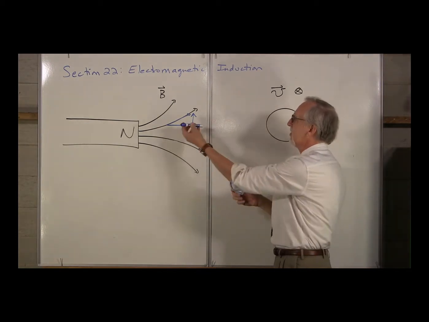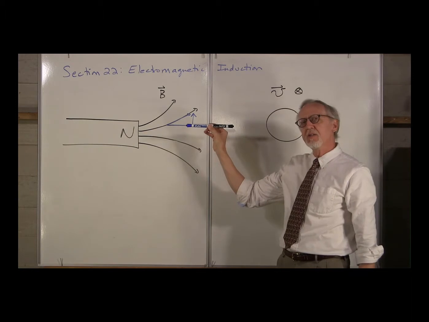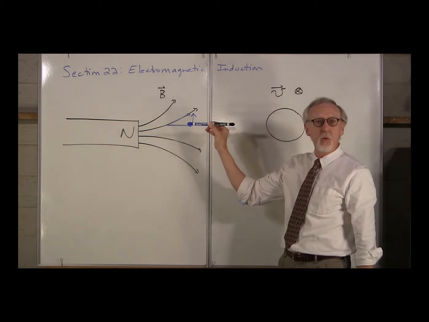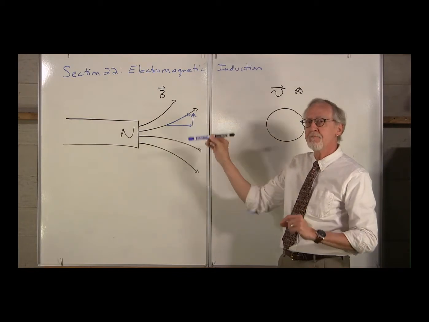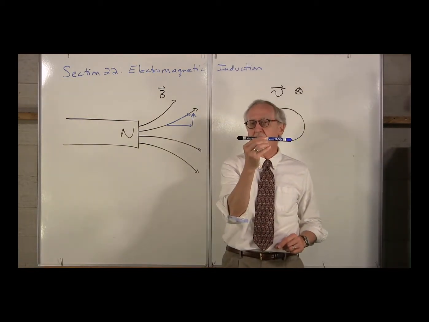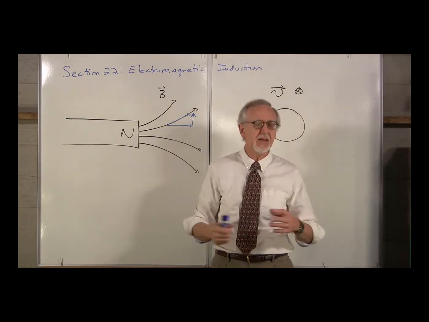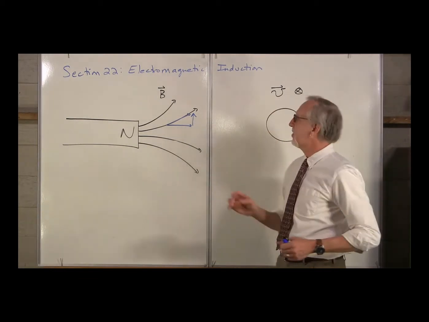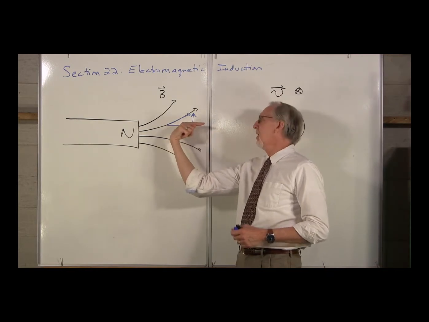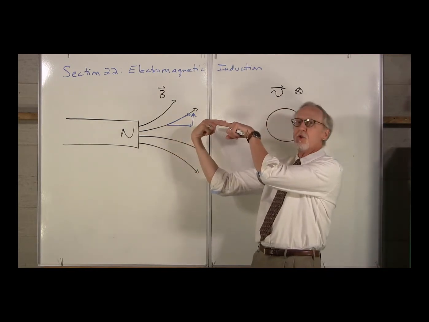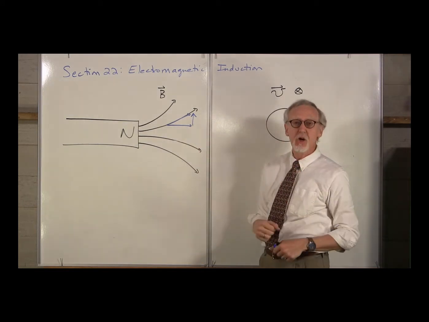What force is that going to create on the positive charges in the wire? Well, the angle between V and B is how much? 180 degrees. Sine of 180 is 0. So there's no force. The part of the magnetic field that's pointing toward us, with the loop going this way, that component of the magnetic field will create no force.